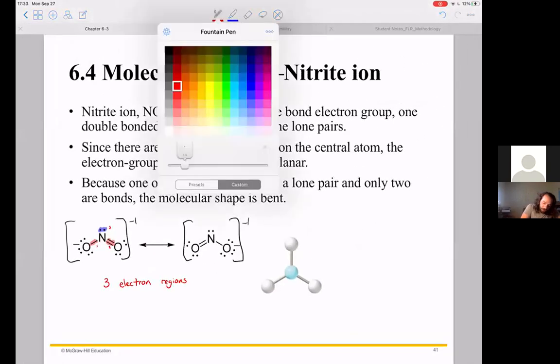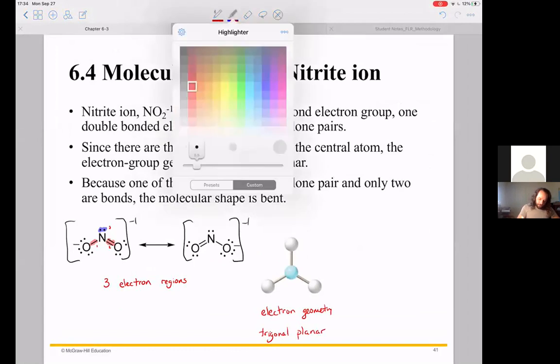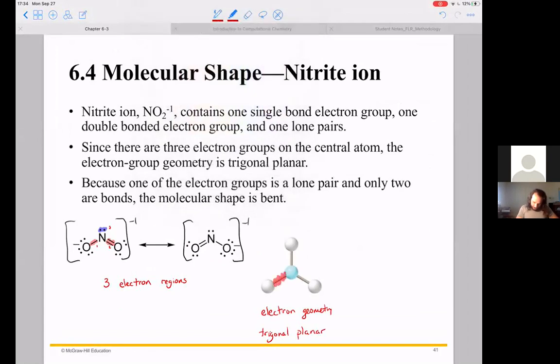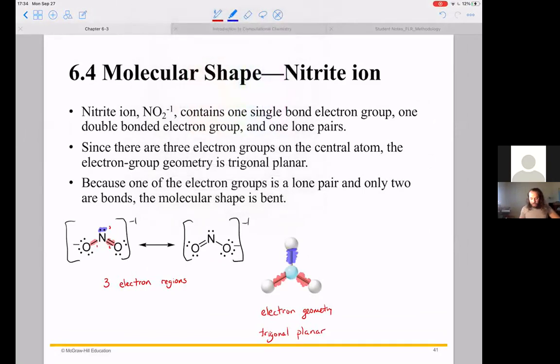So that means that our electron geometry is trigonal planar. Right? 2 of those electron regions were the bonding regions, and the 3rd corresponded to that lone pair.